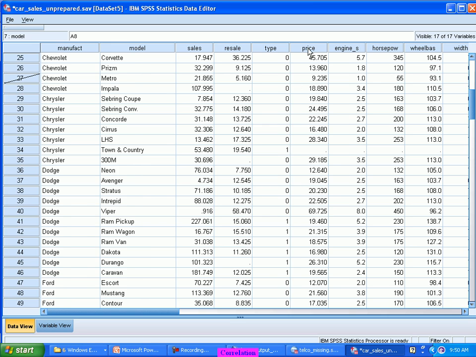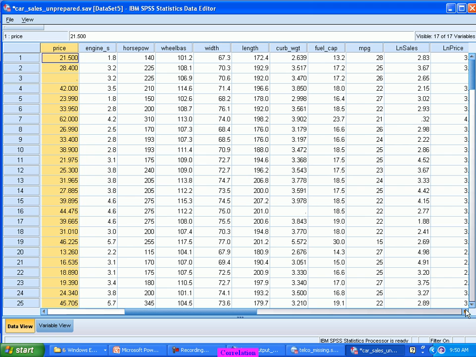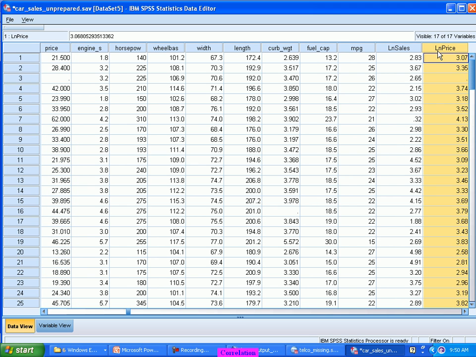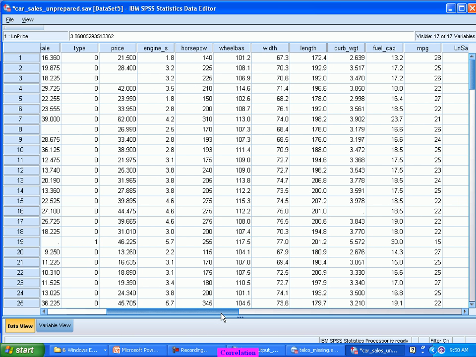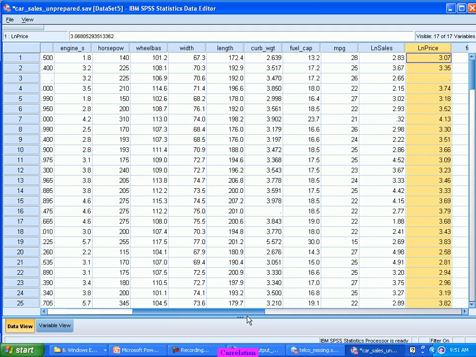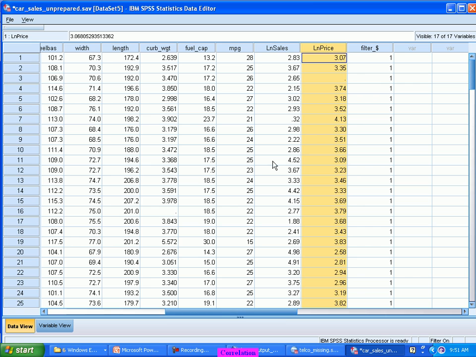So here, this is the actual original price column, but there is a new column that got created called log price, which is computed for all these prices. For 21.5, the logarithm is 3.07. Like that they are computed and displayed. Now this forms a new field, because this is following that normality.